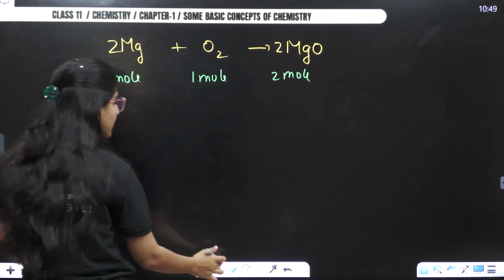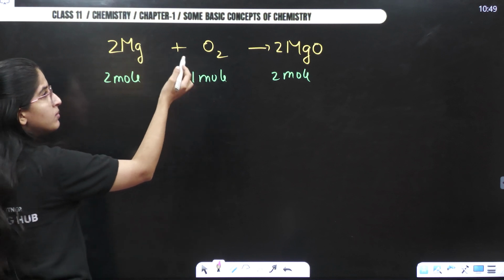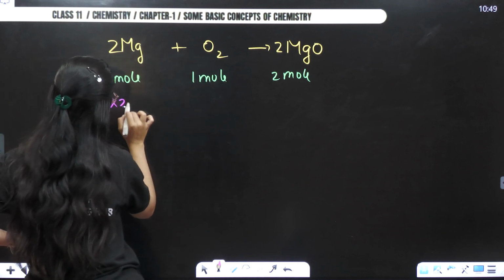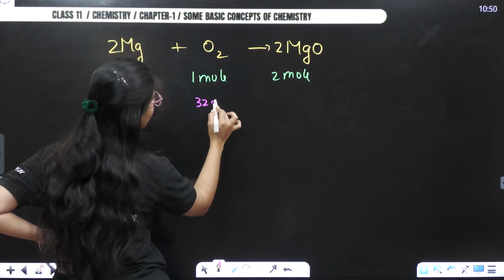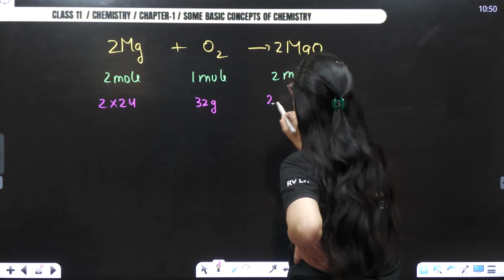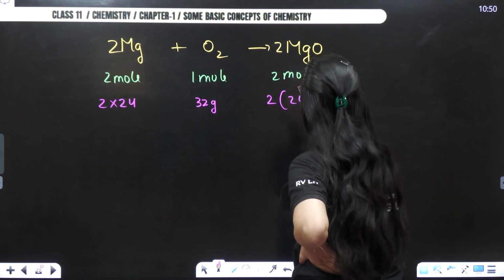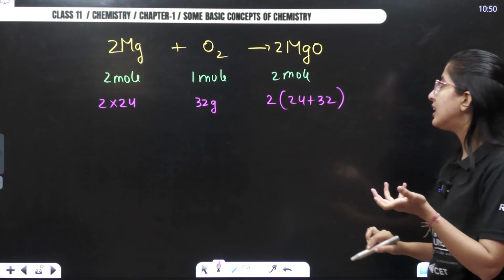As the question is given with respect to mass, take it as mass here. 1 mole of magnesium is 24. So 2 into 24 grams of magnesium will react with 32 grams of oxygen to give magnesium oxide, which is 2 into (24 plus 16), that is 80.